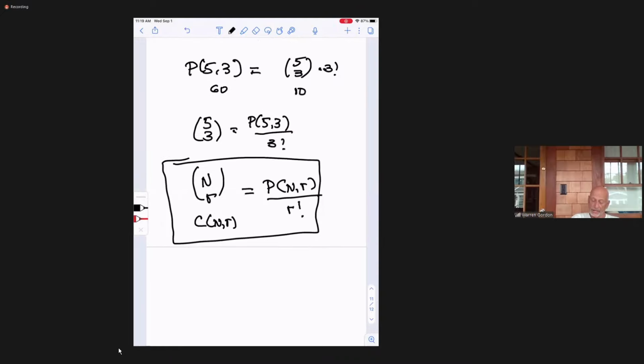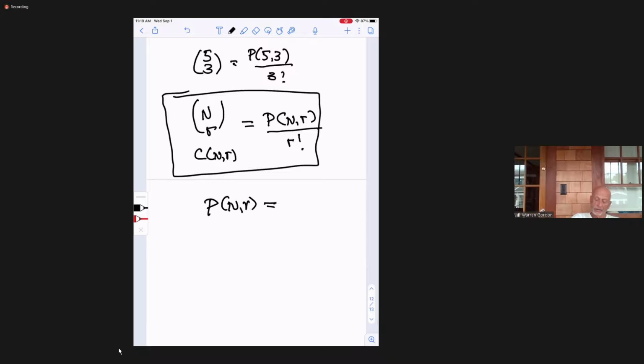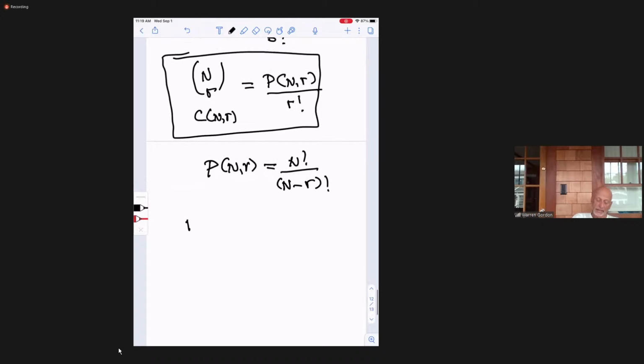That was equal to n factorial over (n minus r) factorial. So if I plug in, I get the following useful result: C(n,r) is equal to n factorial over (n minus r) factorial times r factorial.